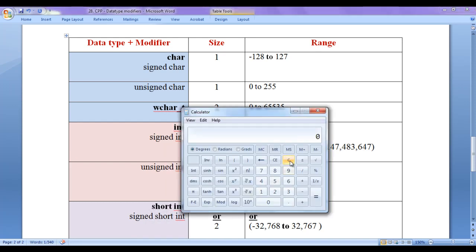If computer allocates 4 bytes of integer type memory, how many values we can store inside that memory, guys? 4 bytes is equal to 32 bits. That means 2 raised to the power of 32 is 4,294,967,296 values we can store, guys. If I divide it by 2, it becomes 2,147,483,648.